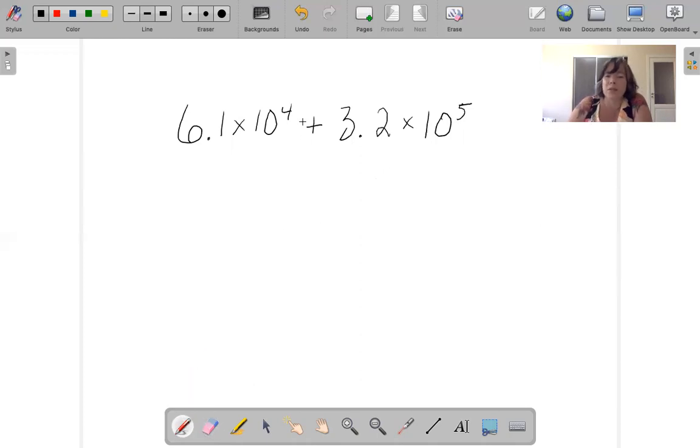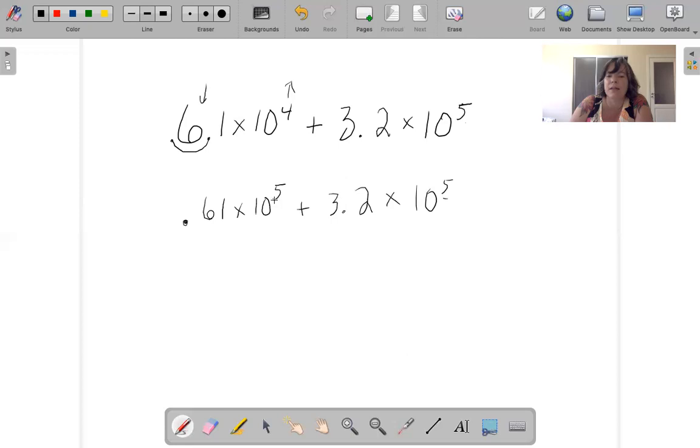So we have to do something to make these two exponents the same. Well, let's do the lesson that I just taught you. Let's make this number smaller and this number bigger. We move this decimal over here. So we've got 0.61 times 10 to the 5th plus 3.2 times 10 to the 5th.